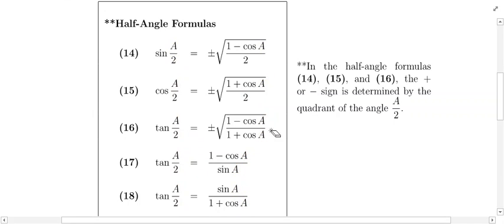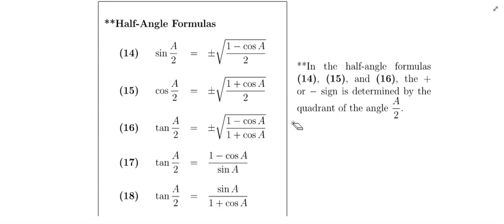Starting with equation 14, we are told that the sine of the angle A divided by 2 is equal to plus or minus the square root of the entire quantity 1 minus the cosine of A all divided by 2. And then the cosine of the angle A divided by 2 is equal to plus or minus the square root of 1 plus the cosine of A all divided by 2.